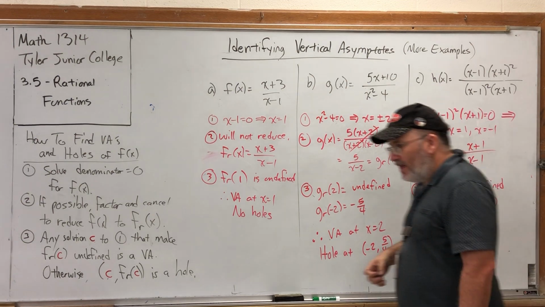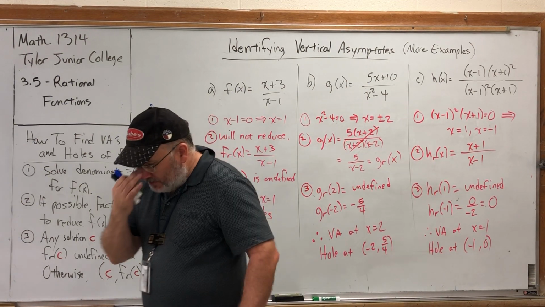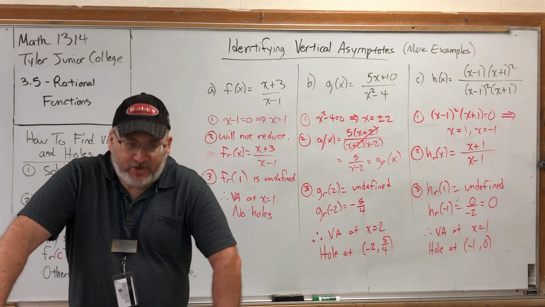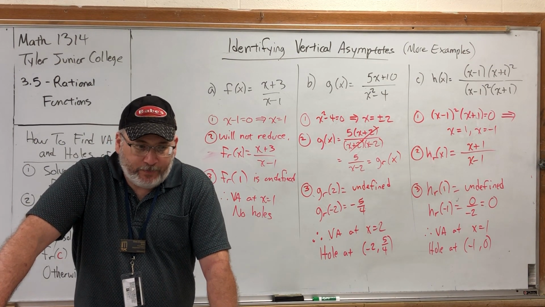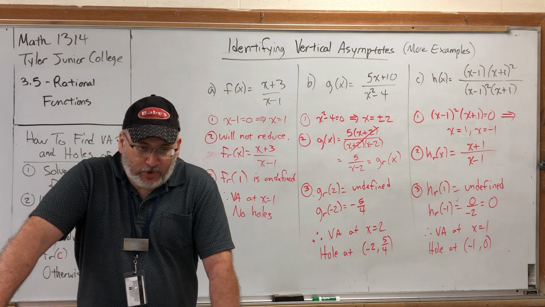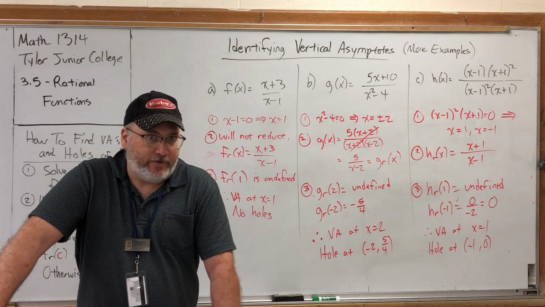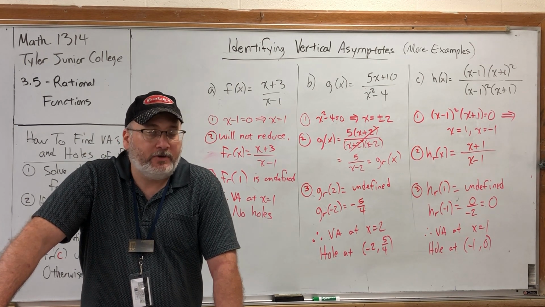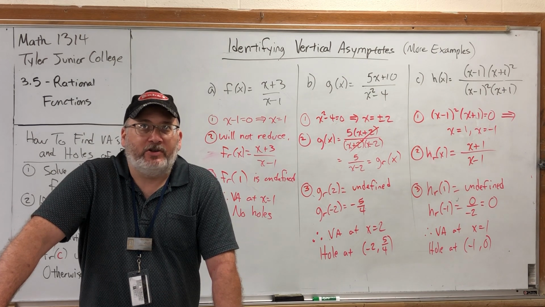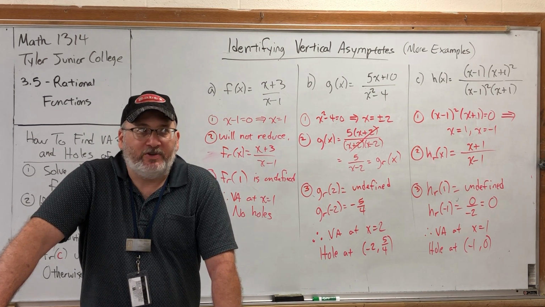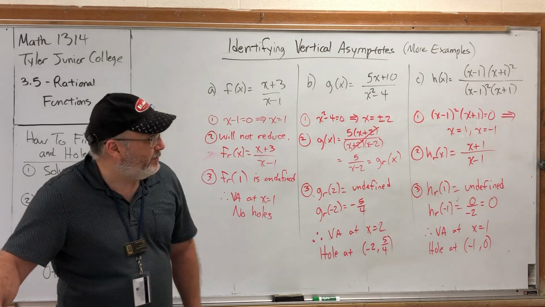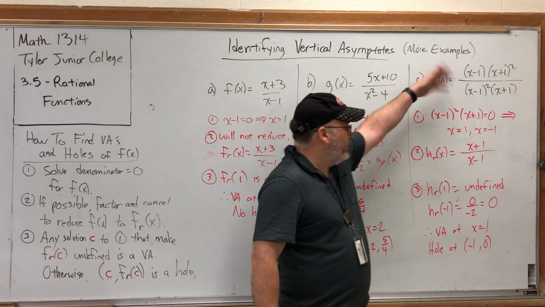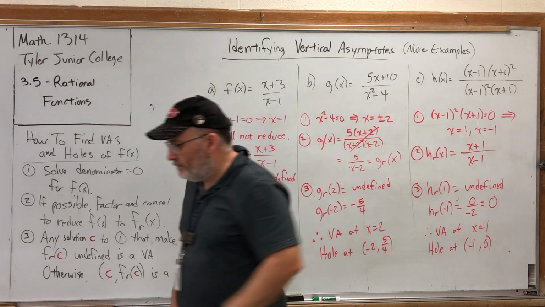So if you want the super technical description, a 0 of the denominator is a vertical asymptote if its multiplicity is greater in the denominator than the numerator, but a 0 of the denominator is a hole if the multiplicity is greater in the numerator than the denominator. Basically saying, where's it going to be left over after you're done canceling?